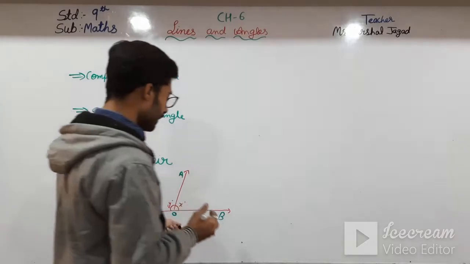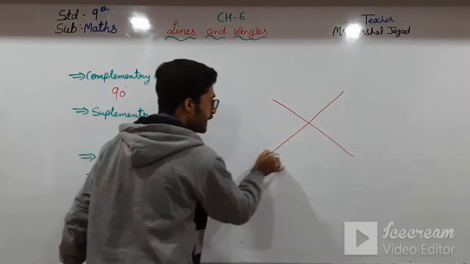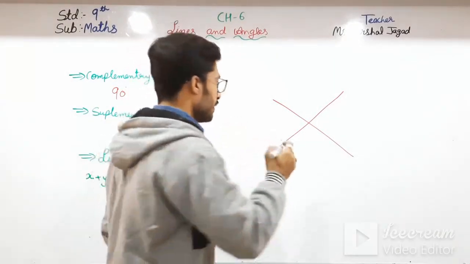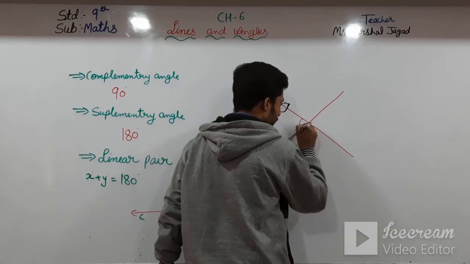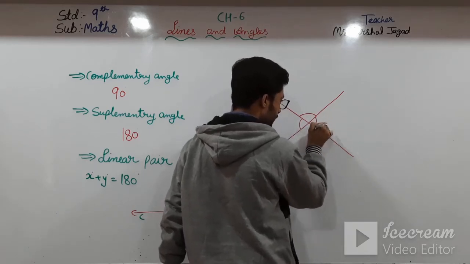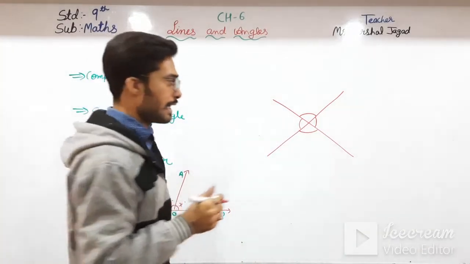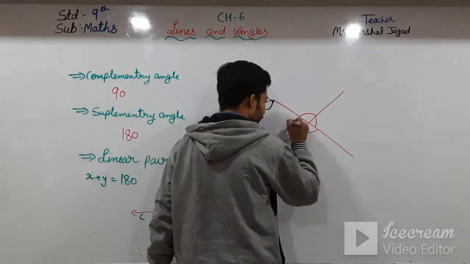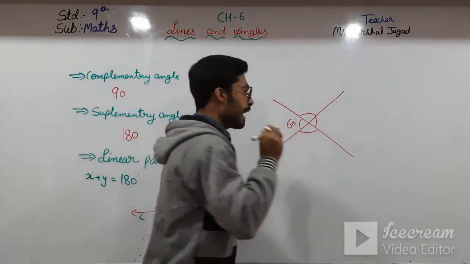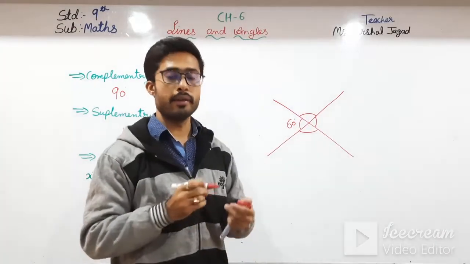Now they are telling us to intersect two lines with each other, and you have to find out the angles. If I tell you that this angle is 60 degrees and you have to find the other three, how will you find them?